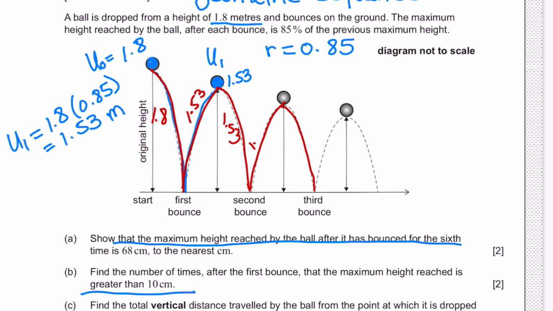So if I multiply 1.53 times 0.85, I get 1.3005. If I do the same thing on the other side, 1.3005, and I multiply that by 0.85, then this third bounce is going to give me 1.105425.